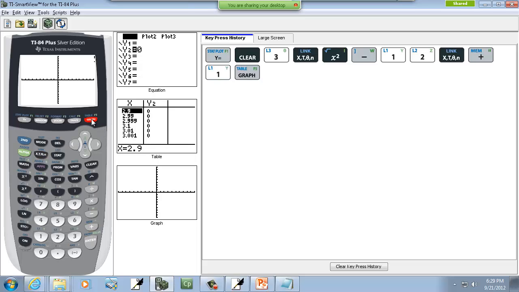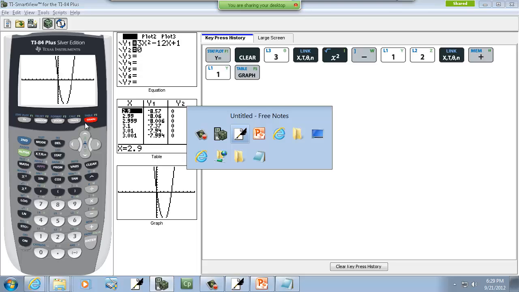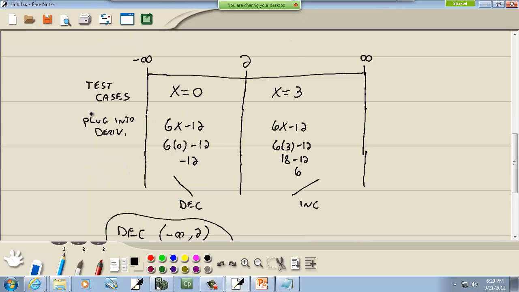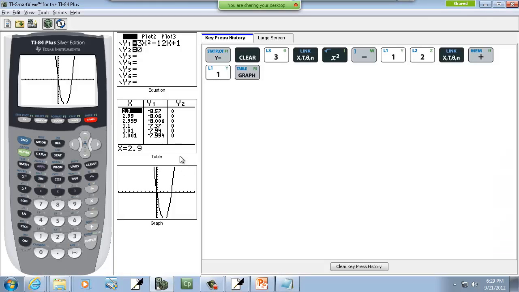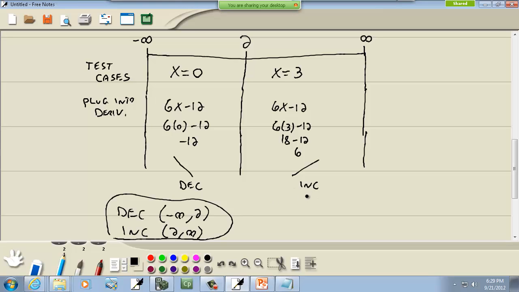And then graph. Okay, so let's go back and look at our answer. We said it's decreasing from negative infinity to 2. Well, here's x equals 2. If I go down there, it does look like it's decreasing up to that point. And then it's increasing. So that verifies our results.